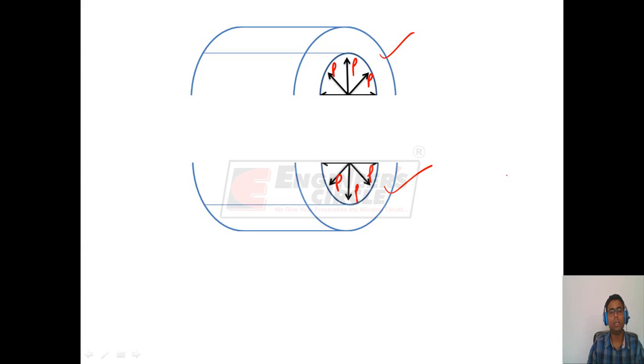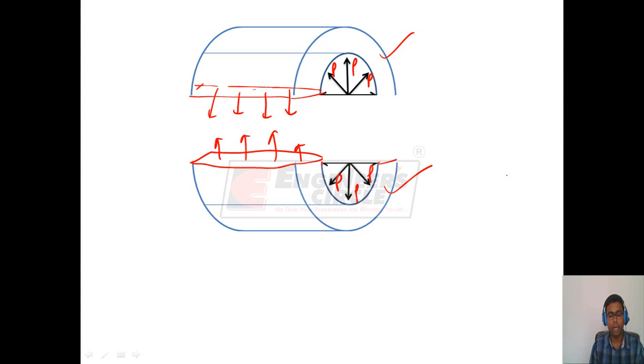But this bursting is resisted by the internal forces which are acting on the material of the thickness of cylinder. So if we draw this diagram, we can see that there will be stresses acting here which will be trying to resist this pressure P. These stresses are called as circumferential stresses sigma theta because they are acting along the circumference.